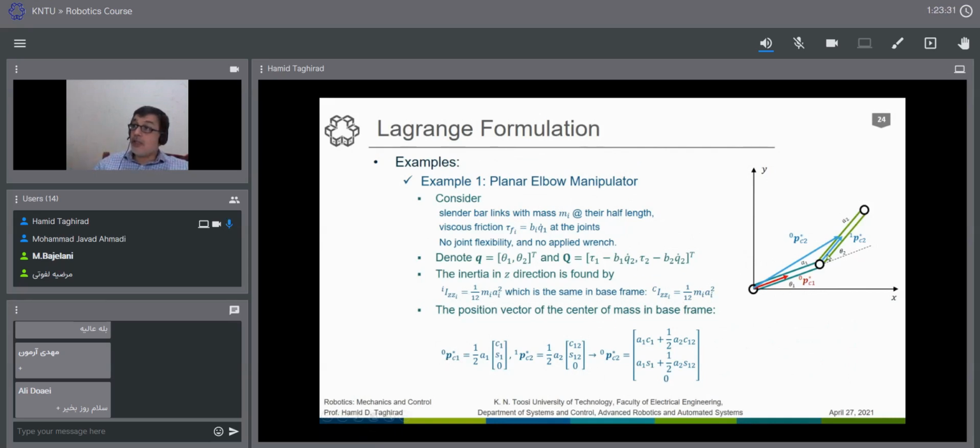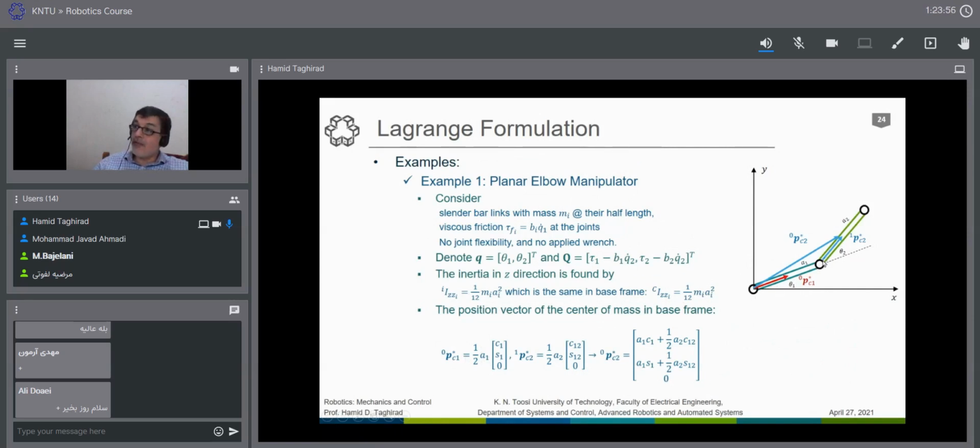But for the second joint, we need this one. To do that, I will first find this one and then add this vector. Since we have this vector, the red one, we can enlarge that, and instead of using A1/2, we use A1 here.